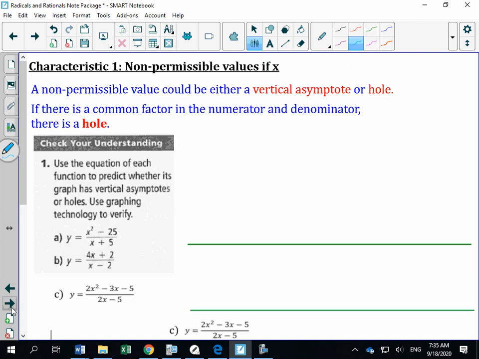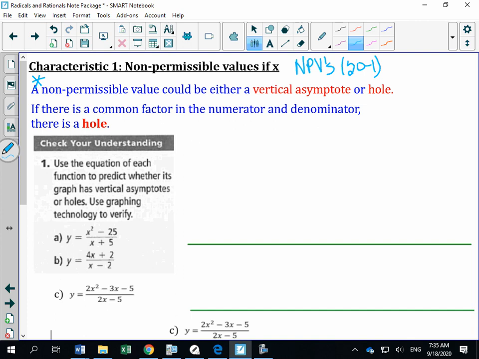What this video is going to focus on is this slide here. It gives us 3 different rational functions, and we are going to be looking at something that was introduced in 20-1, NPVs, non-permissible values. In 30-1, I'm going to further break down non-permissible values.